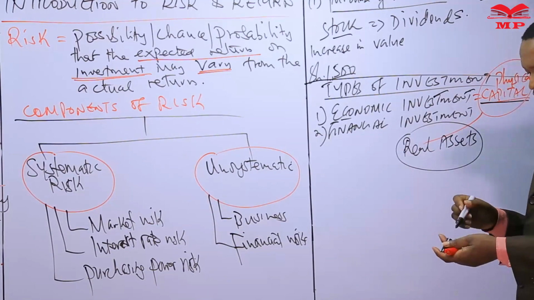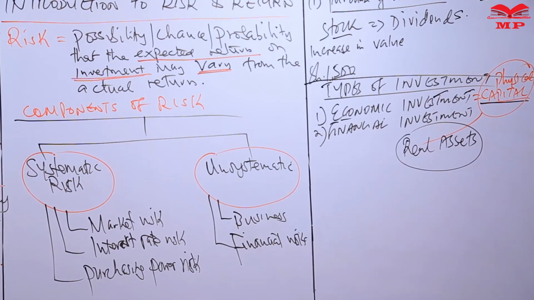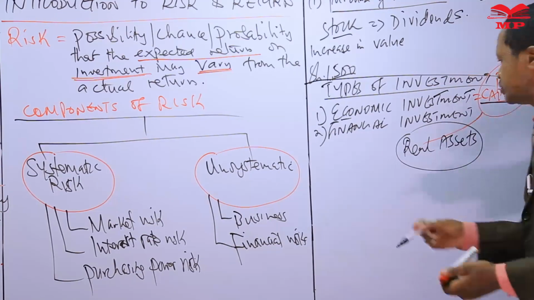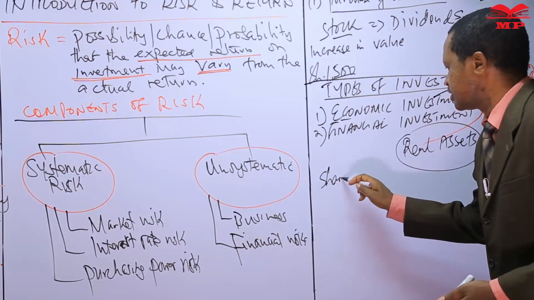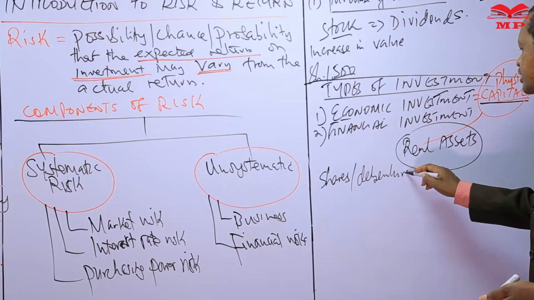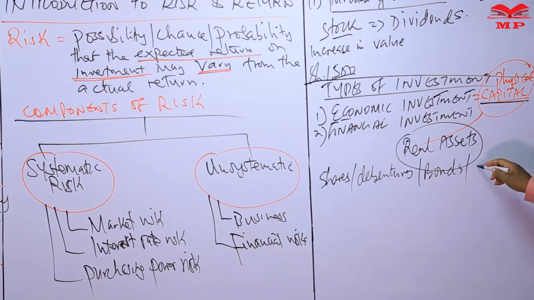And financial investment, on the other hand, refers to the investments of funds for the acquisition of financial assets like the shares, financial assets like debentures, financial assets like bonds, financial assets like derivatives, and so on.